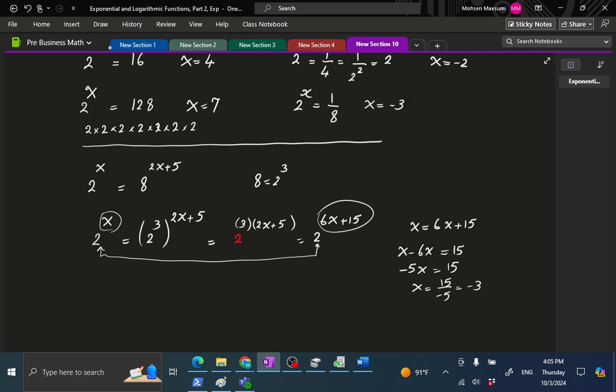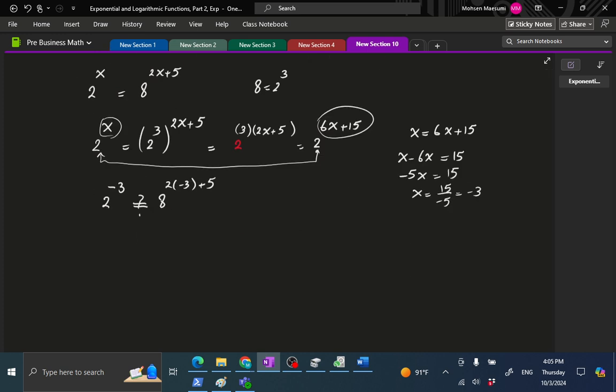How do we check our answer to make sure we haven't made a mistake? Plug it back on both sides and see if it is actually true. So instead of x, I put minus 3 and I ask, would the two sides become the same? So I'm verifying to make sure I have not made a mistake in my calculations.